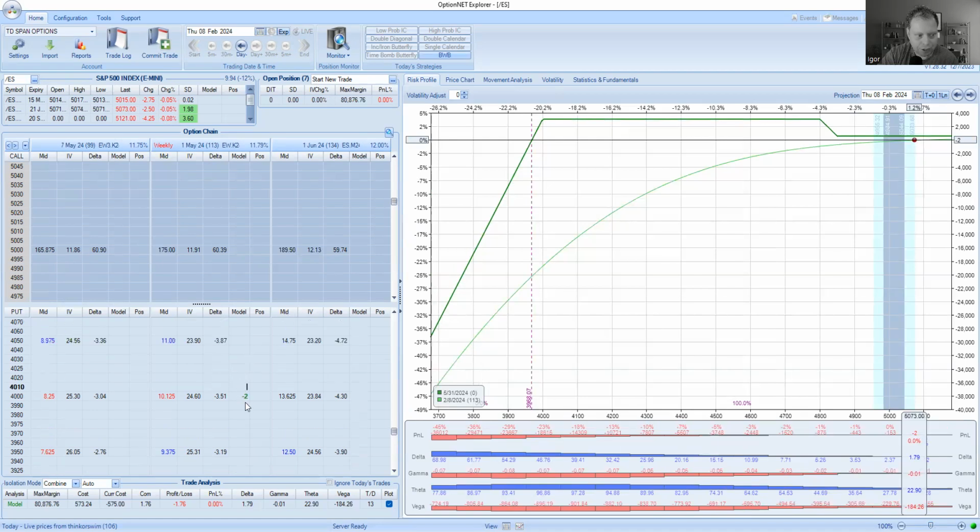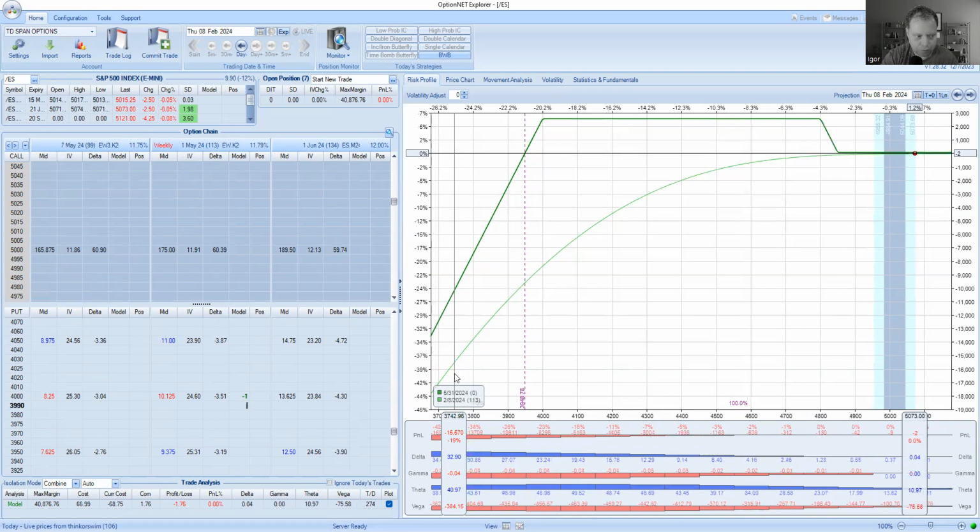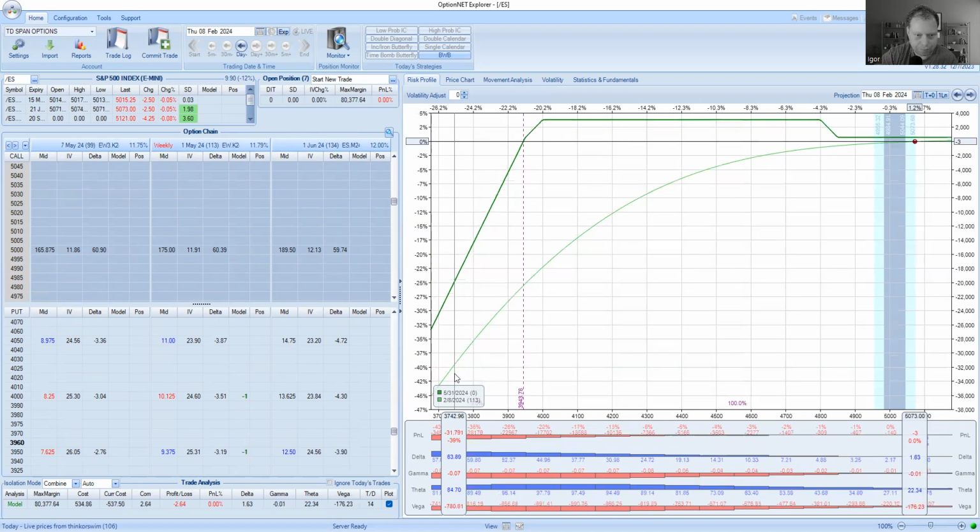I'm going to add this trade. I'm going to book this trade into Optionet Explorer the same exact way that I got filled. So I'm not going to do 2 puts at 4,000. I'm going to do short 1 put at 4,000, short 1 more put at 39.50. This trade I filled for $11.